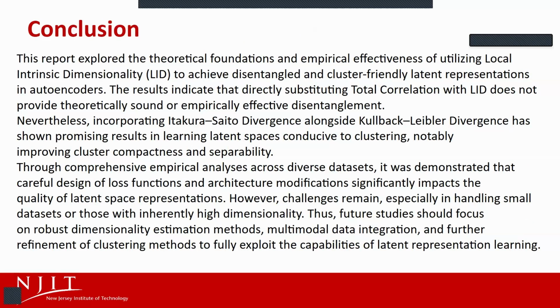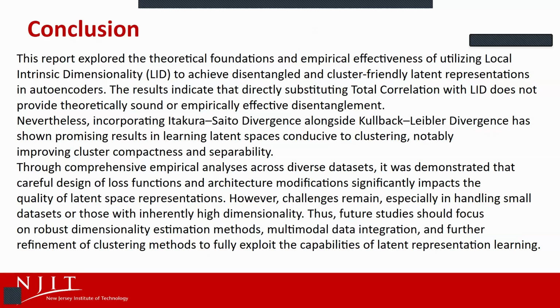So in this report, we explored how intrinsic dimensionality can be used with total correlation to learn latent representations, both theoretically and empirically. We also empirically investigated how cluster-friendly latent spaces could be learned leveraging Itakura Saito divergence and KL divergence, one in place of the other or both together.